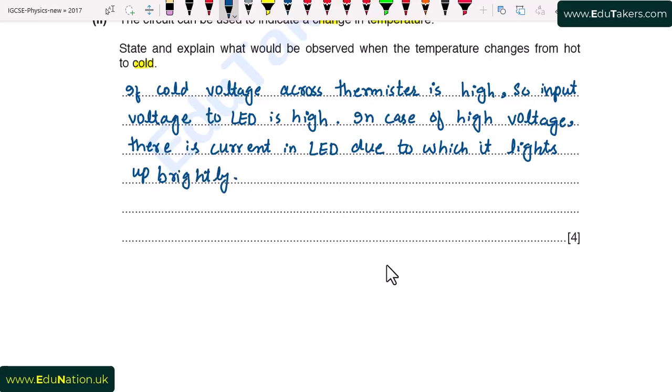On the other hand, if hot, voltage across thermistor is low.